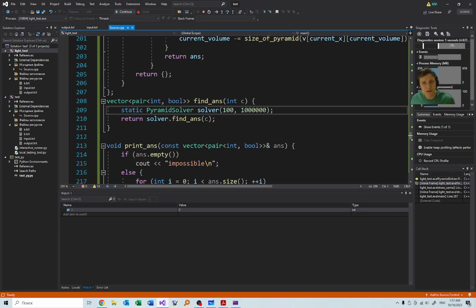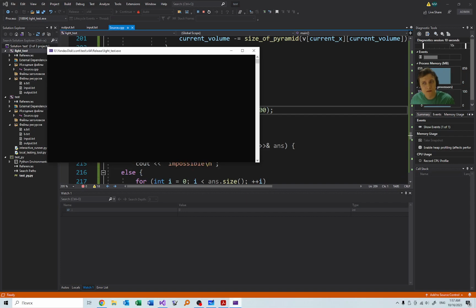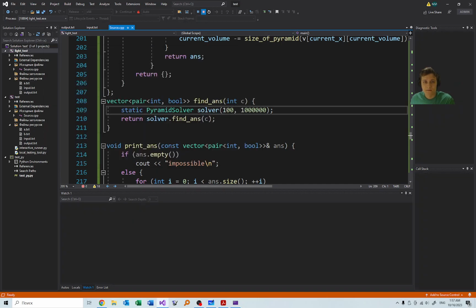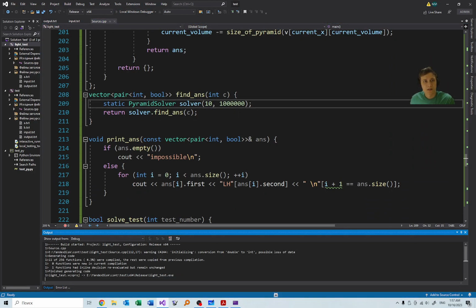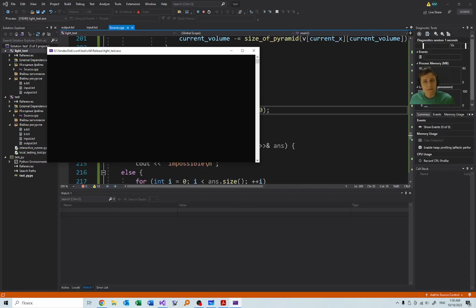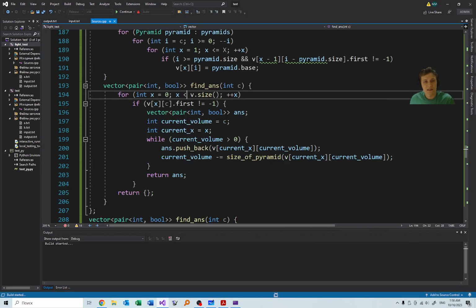It's a very slow process, maybe. Okay, this is a really slow process. Maybe we can do it smaller. 10. Okay, so it should be less than x here, less than v dot size here.